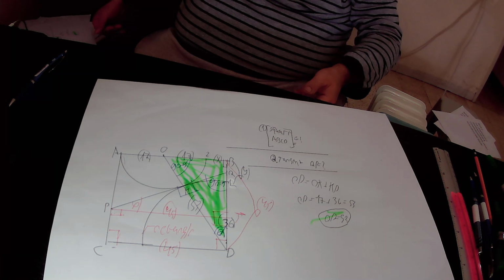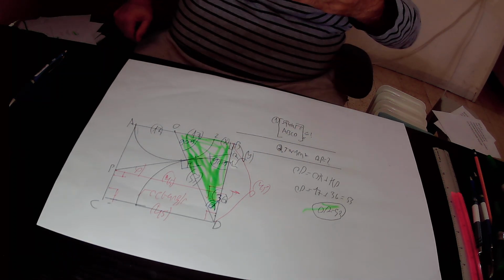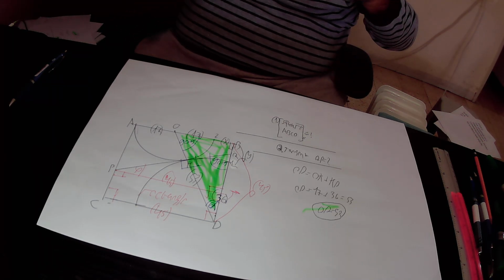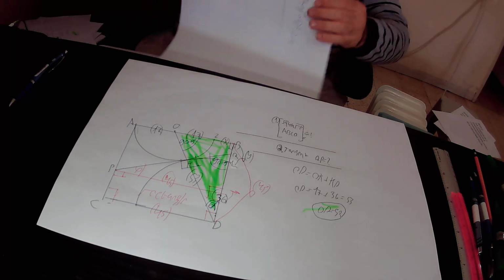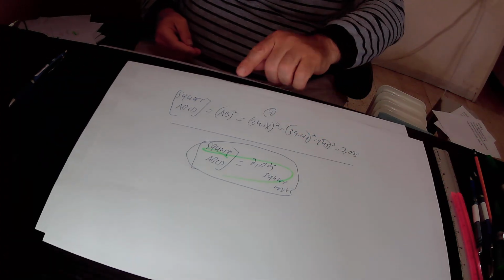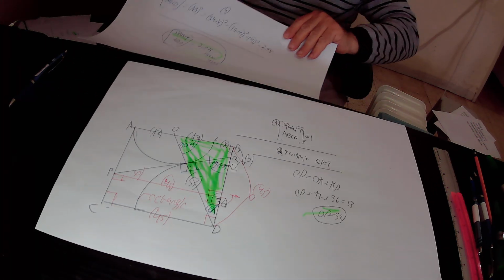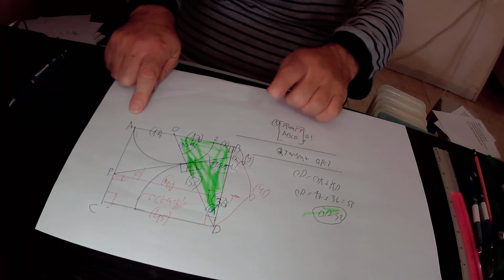So the first task is to find the area of this square ABCD. What is the area of square ABCD? The area of square ABCD equals the length of one side squared. That is to say it is AB squared. AB in total equals 34 plus x, therefore AB squared is (34 plus x) squared.